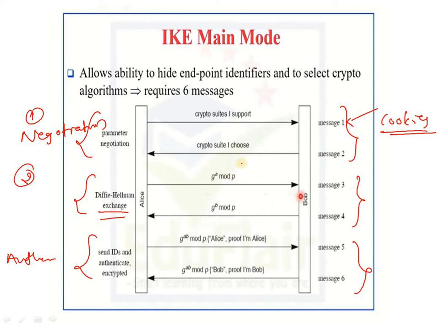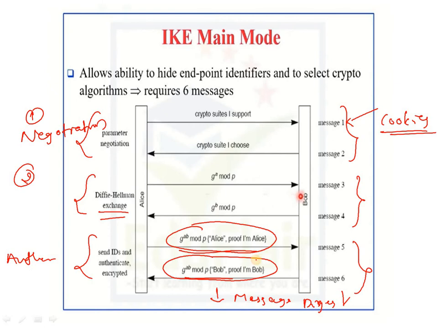You can see here that half of the keys have been exchanged, and here we are generating a message digest, MD. The message digest will be generated in message 5 and message 6. So totally 6 messages have been exchanged in the main mode.